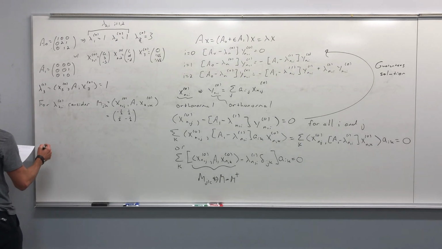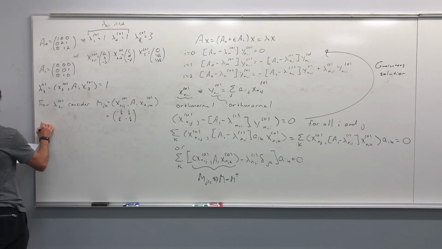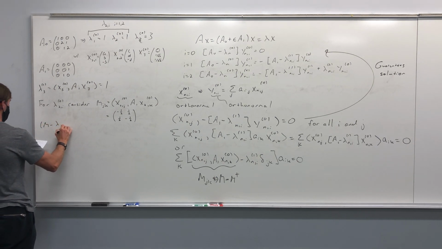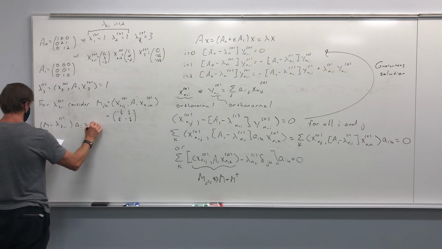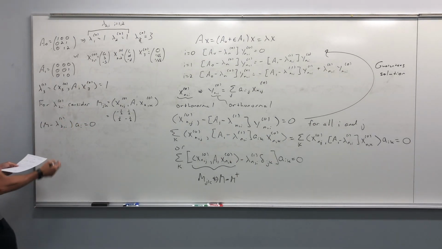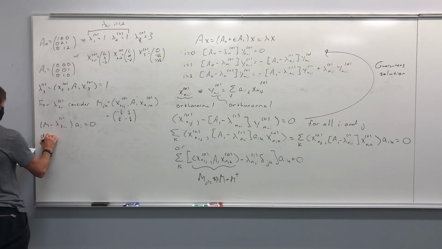All right. Now we want to solve M minus lambda 2 I1, AI equals 0. To find the eigenvalues, we do the determinant.